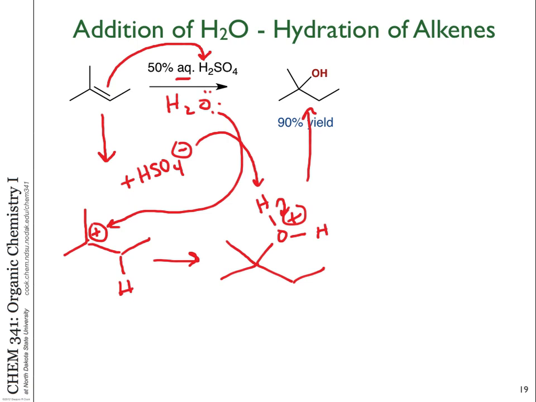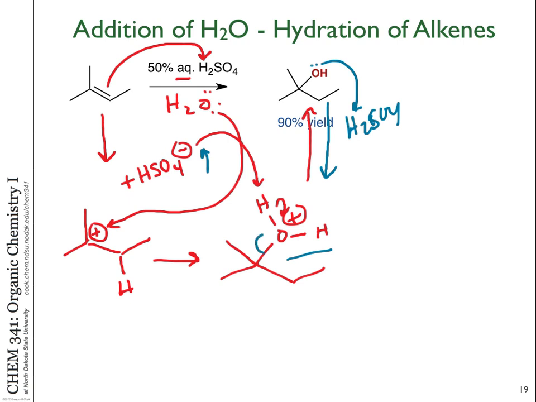Notice that this is essentially the opposite of elimination. If we go in the opposite direction, you have H2SO4 being formed in this last step. So you protonate the alcohol to get to this carbocation intermediate.